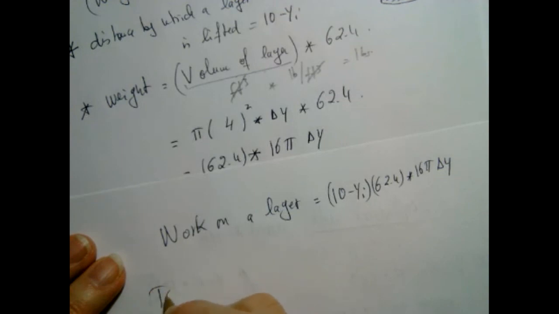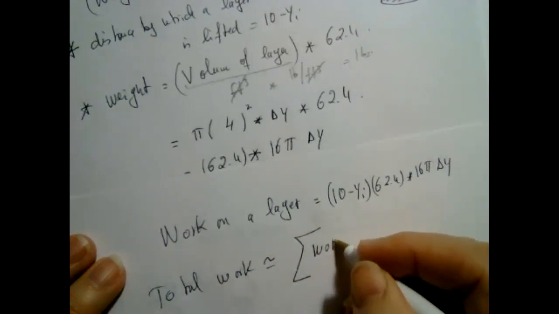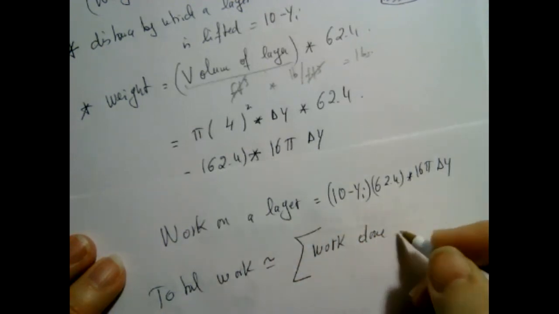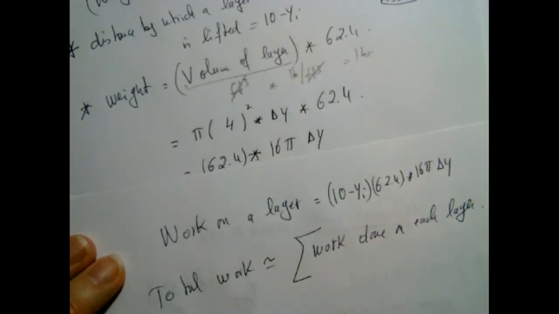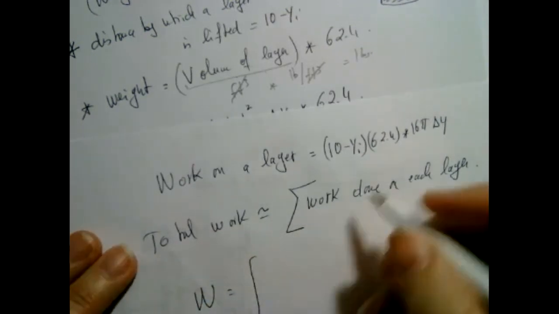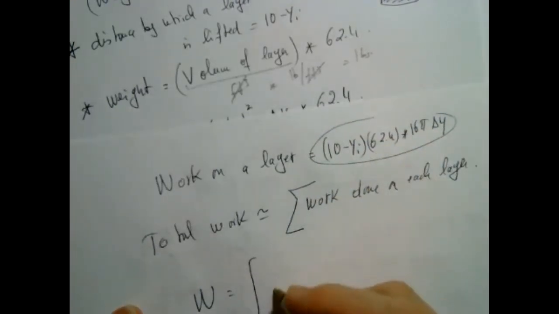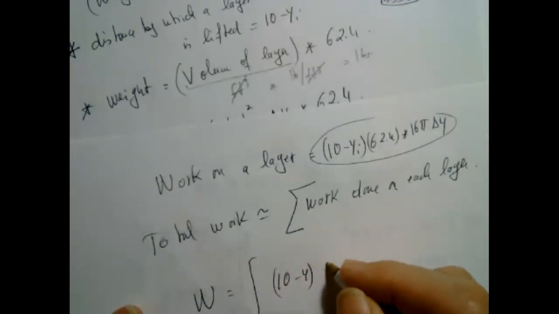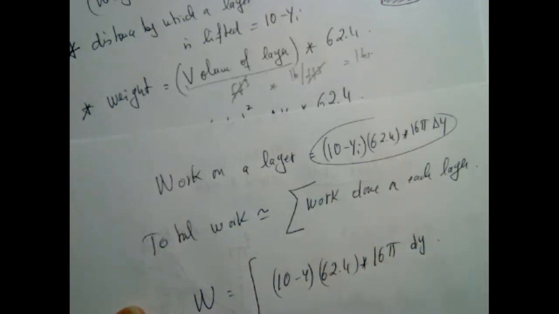And the total work is the sum of the work done on each layer. So the work is the integral of all those little elements of work. It's 10 minus y, times 62.4 times 16 pi dy, that's the integral.